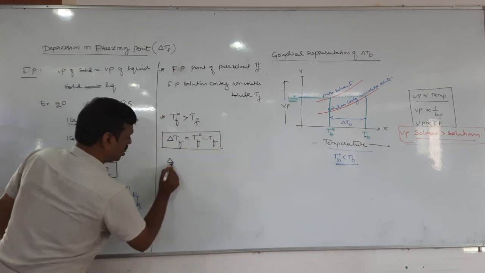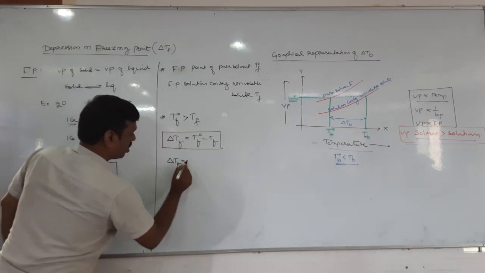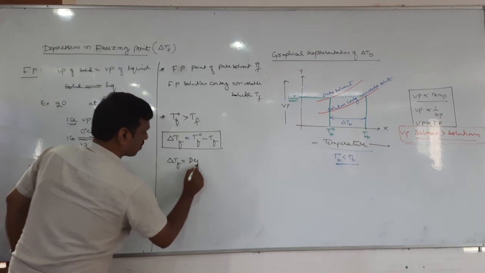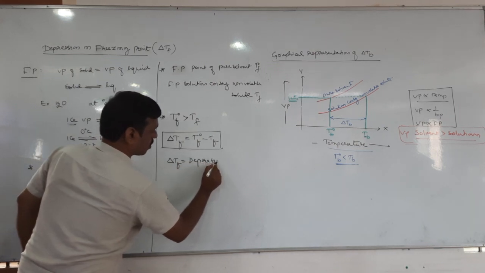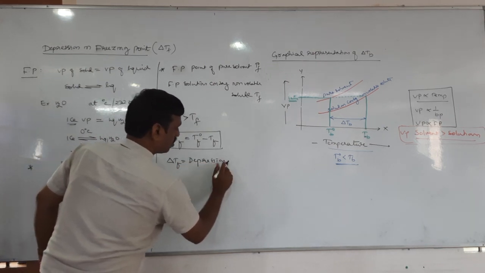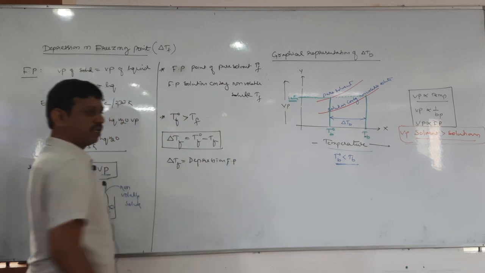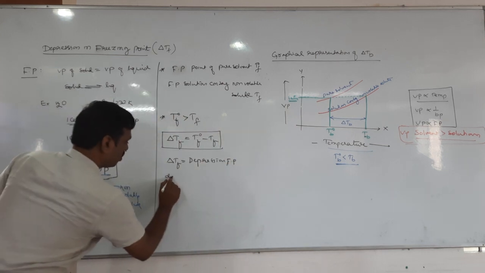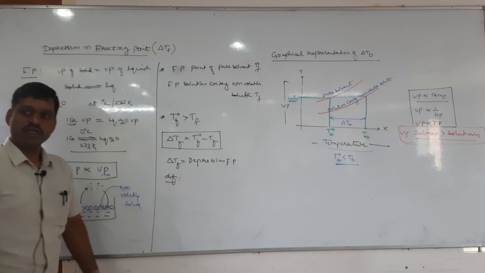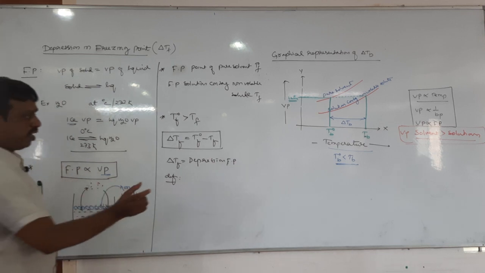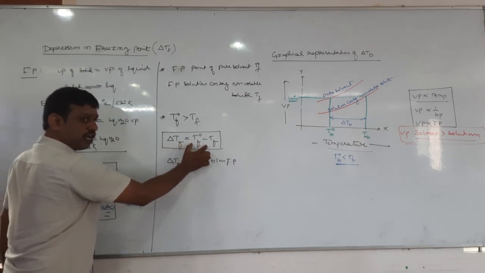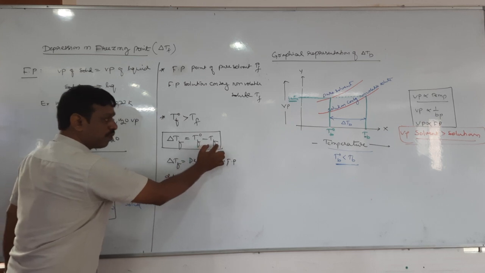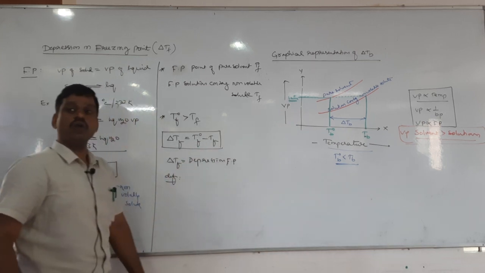Then what is delta Tf? It is the depression in freezing point. What is the definition of depression in freezing point? It is the difference between the freezing point of pure solvent and the freezing point of the solution containing non-volatile solute.